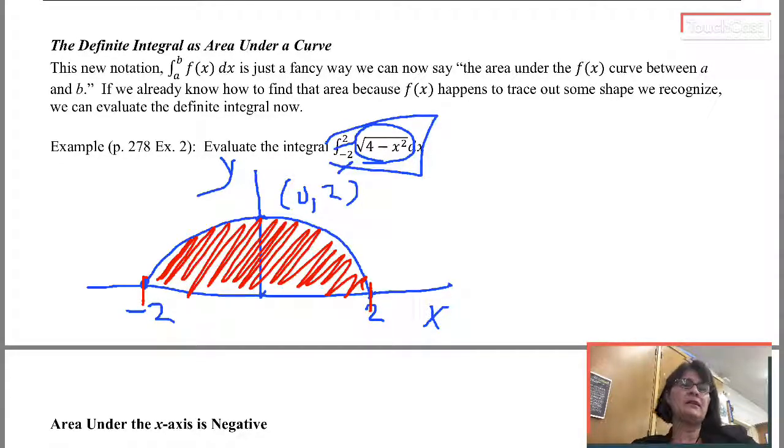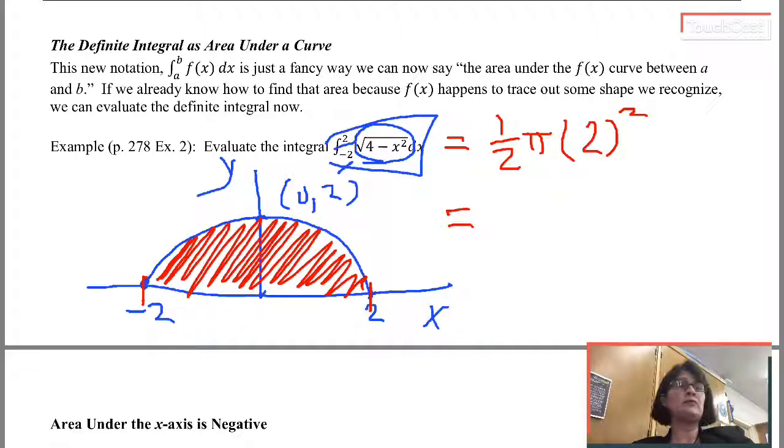So I can tell now that that's a semicircle, so 1/2 pi r squared. The radius of this circle is 2. So my final answer: 1/2 times pi times 4, 2 pi.